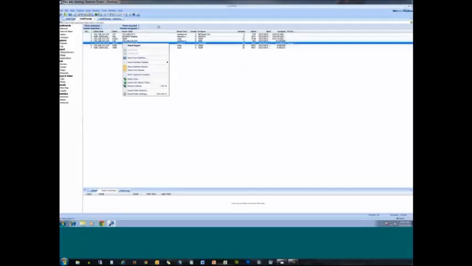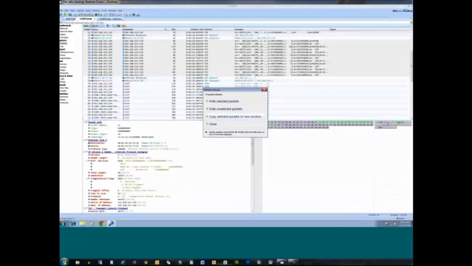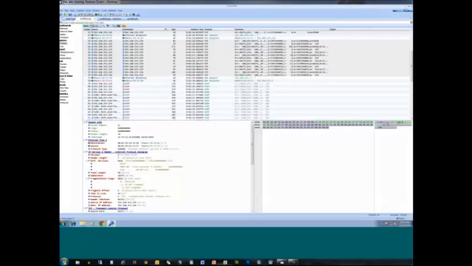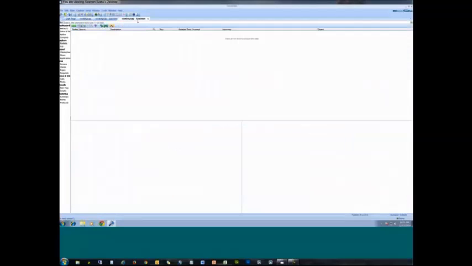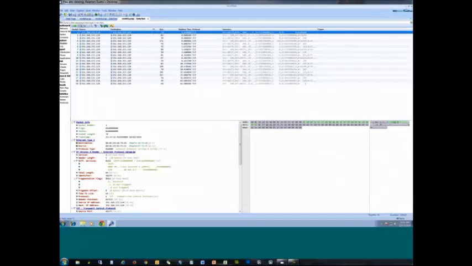I only want to see traffic between those IPs, because now I'm not so concerned about the timeline. It opens up an entirely new tab related to just those two IPs. So I'm constantly drilling down into what the problem may be.